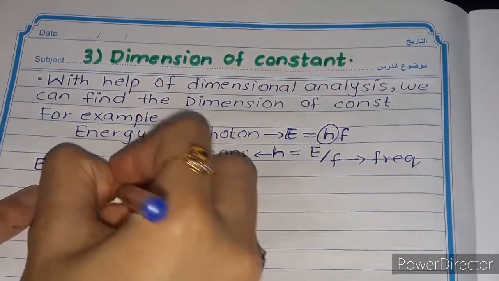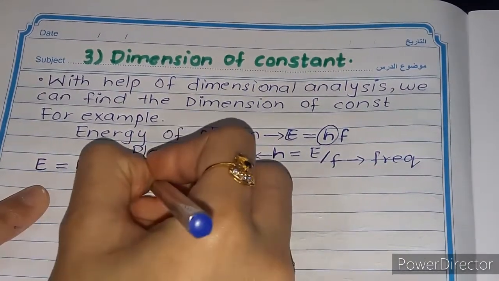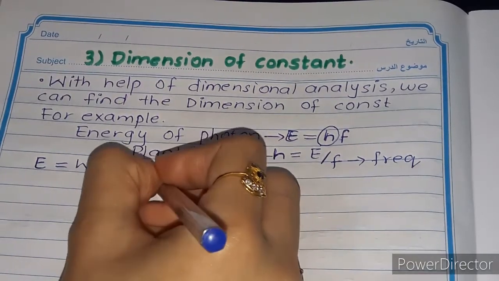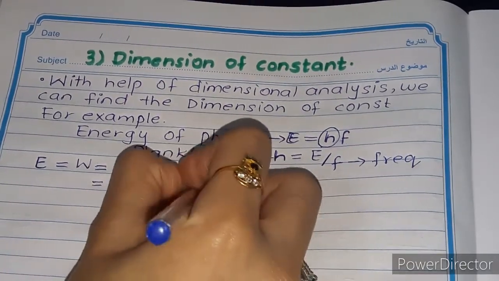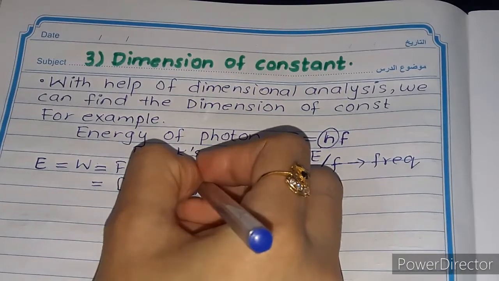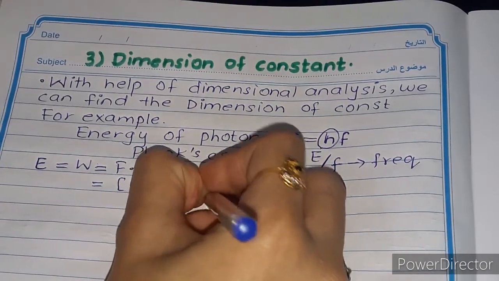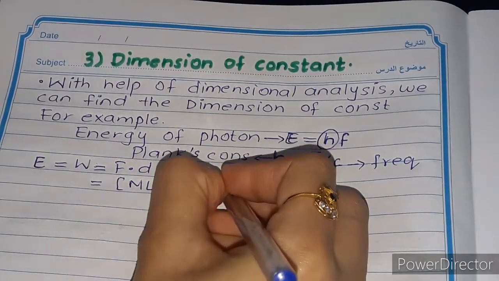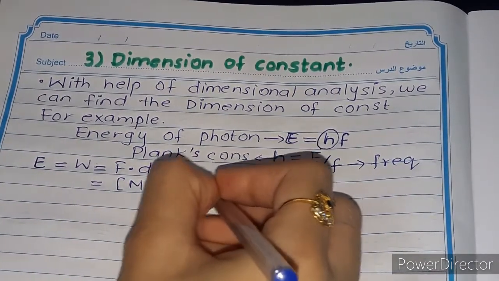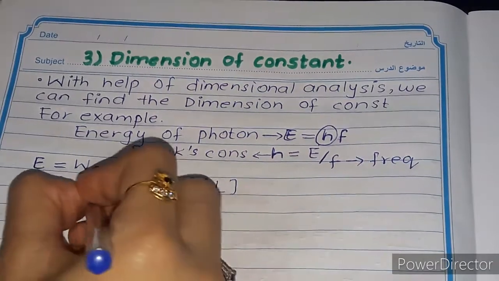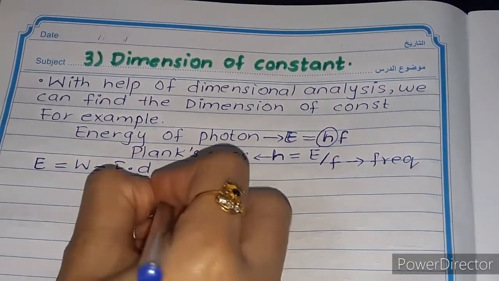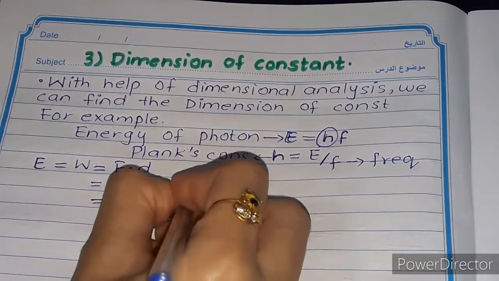Dimension of force is MLT minus 2, multiplied by displacement, which is length L. So this will be ML square T minus 2.